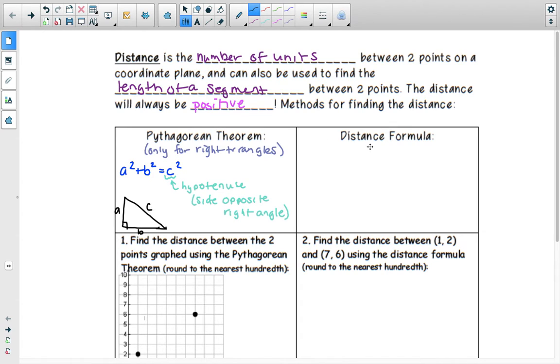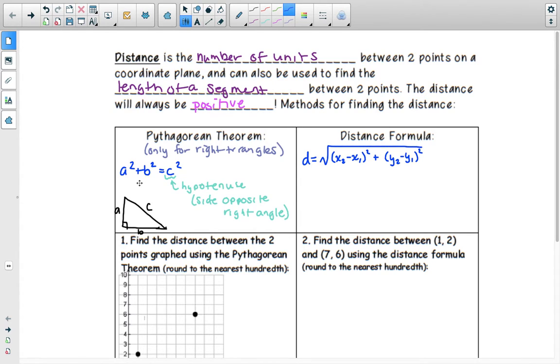Now the distance formula comes from the Pythagorean theorem. The distance formula is distance equals the square root of parentheses x sub 2 minus x sub 1 close parentheses squared plus parentheses y sub 2 minus y sub 1 parentheses squared. We're going to take the square root of all of that.